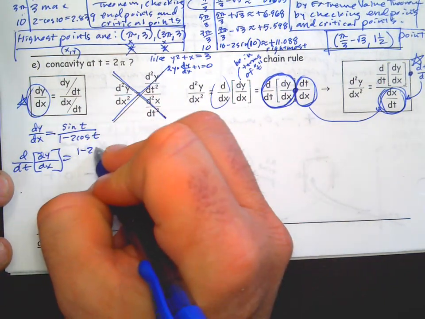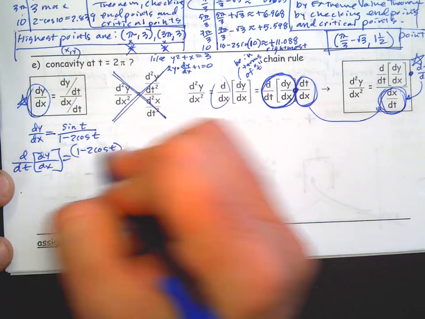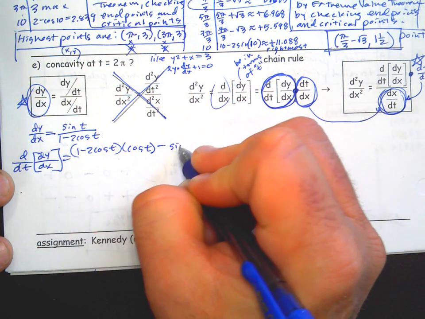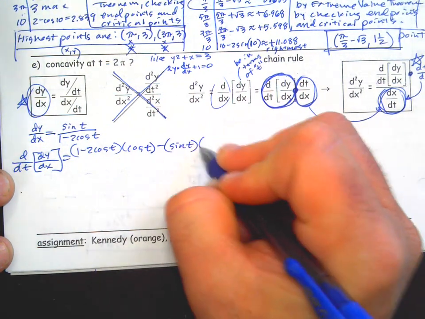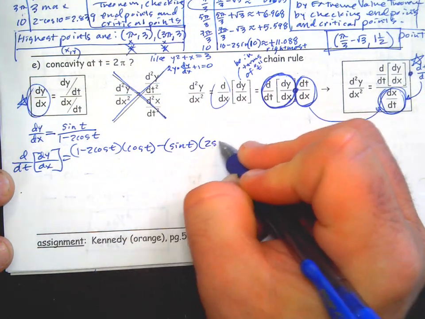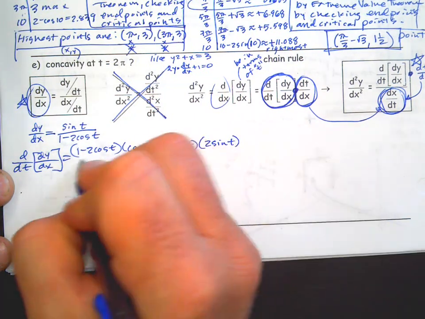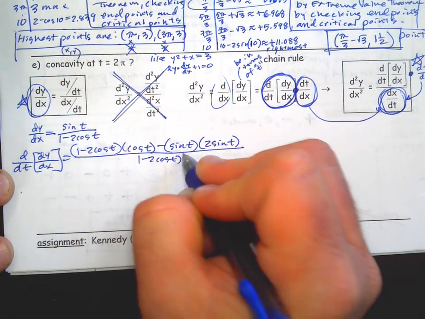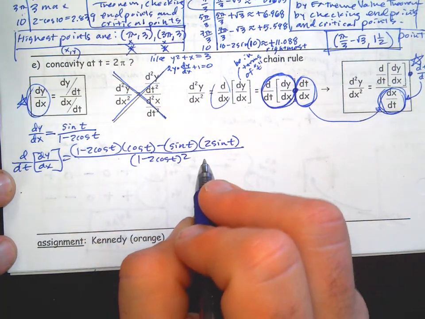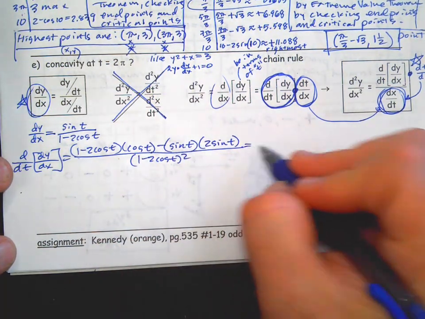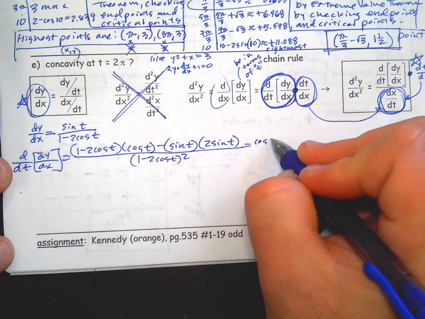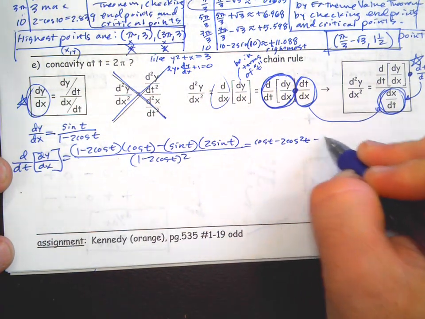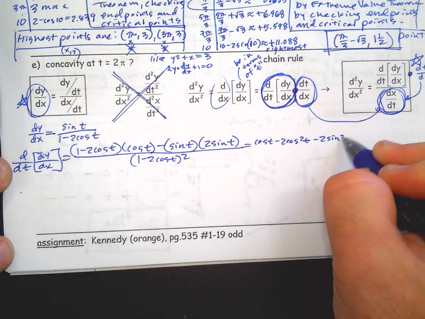Low d high minus high d low, all over low squared. Gross. Okay, we try and clean it up. It's going to be cosine t minus 2 cosine squared t minus 2 sine squared t.